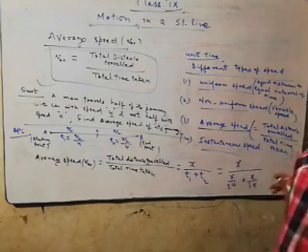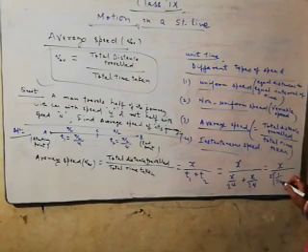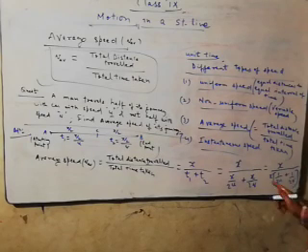We can solve this. That is not difficult to solve. x we can take common, 1 by 2u plus 1 by 2v. This x we can cancel.